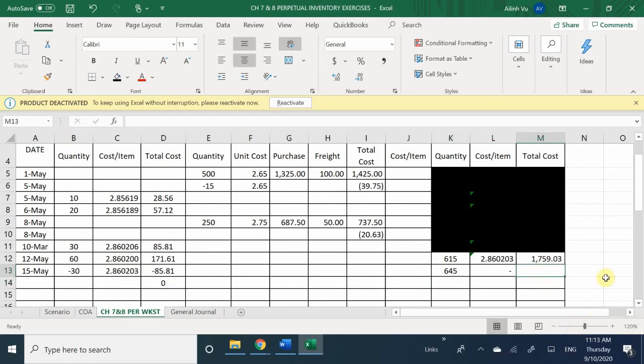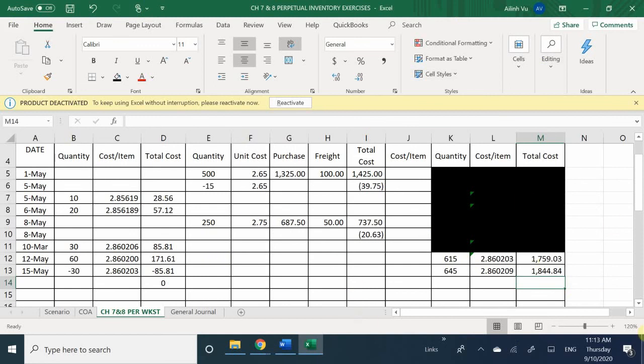And we also need to add back the cost it was for us, 85.81. Then we have to recalculate, of course.